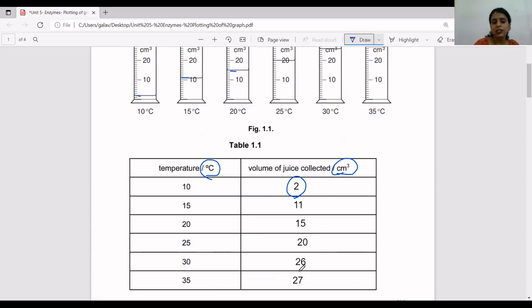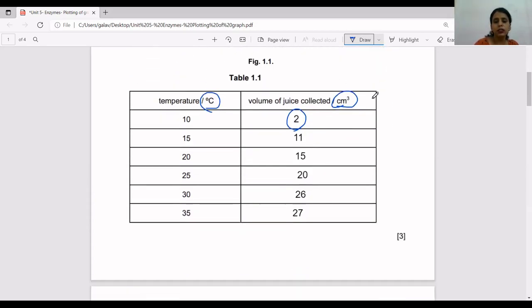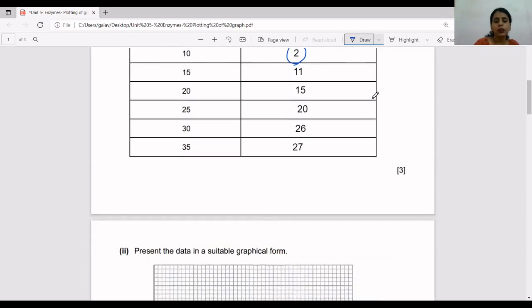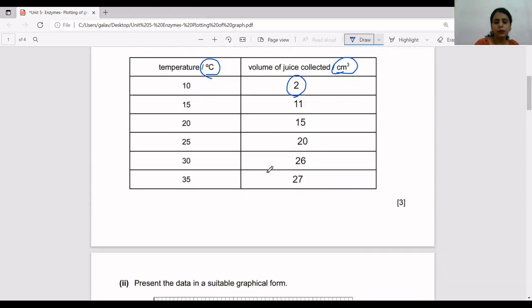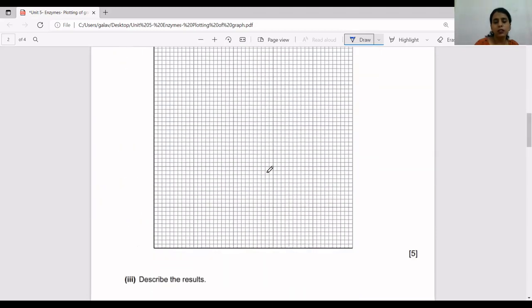At 30 degrees Celsius, the volume of juice collected is, if you read this properly, 26 centimeter cube. And at 35 degrees Celsius, the volume of juice collected is 27 centimeter cube. Fine.